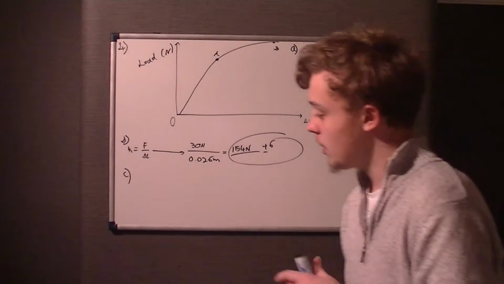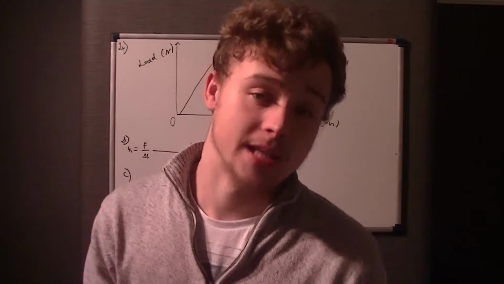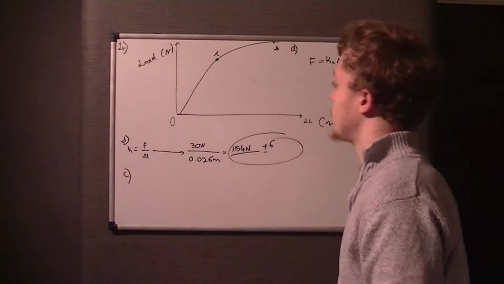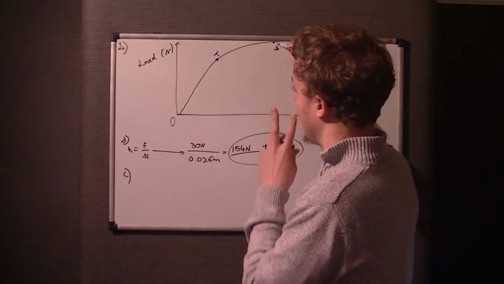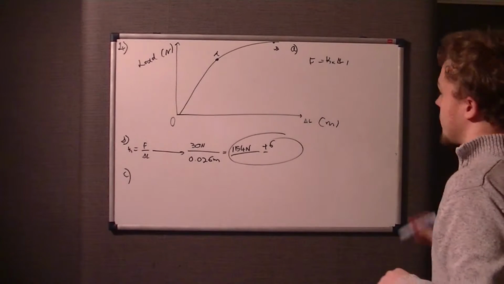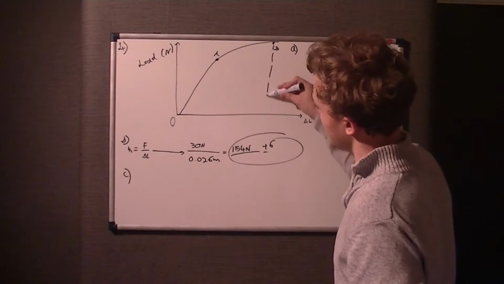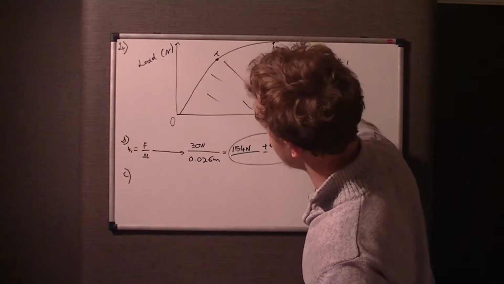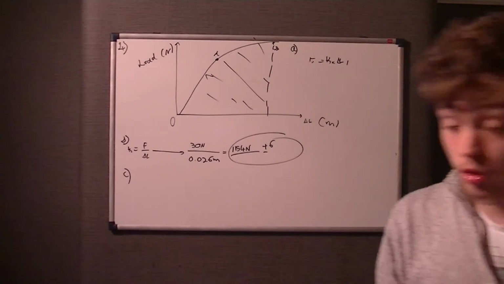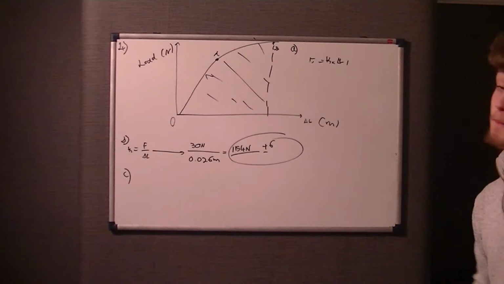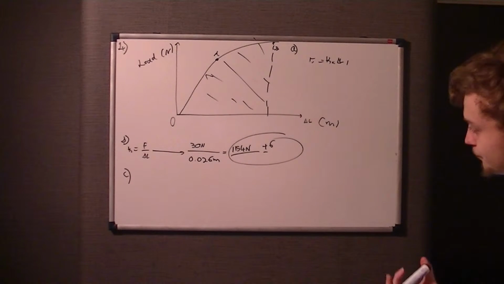Work done is also known as the energy transferred, and the energy transferred in a graph like this is the area under the graph. So what it's asking is up to point B: we draw down from point B, and all this area here is the work done in extending it up to that point.